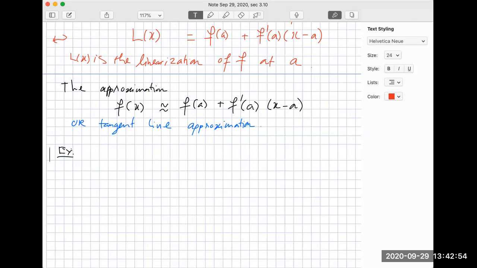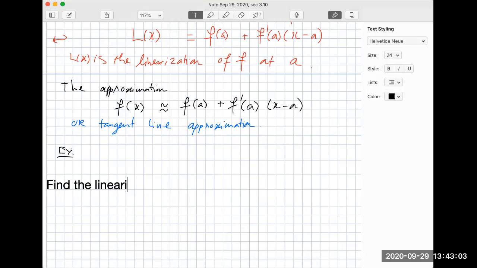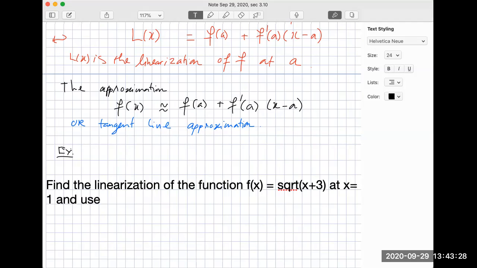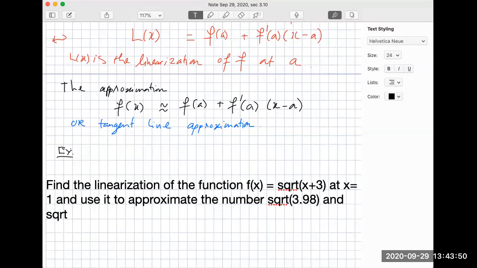of the function f(x) is the square root of x plus 3 at x equal to 1 and use it to approximate the numbers square root of 3.98 and square root of 4.05.